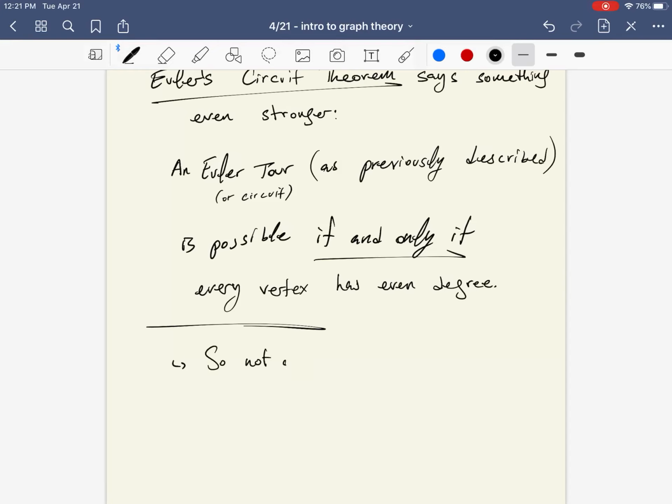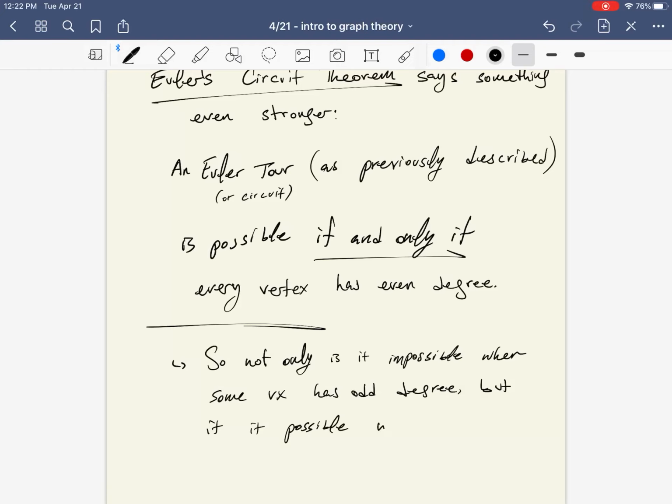So not only is it impossible when some vertex has odd degree, but it is possible whenever every vertex has even degree.